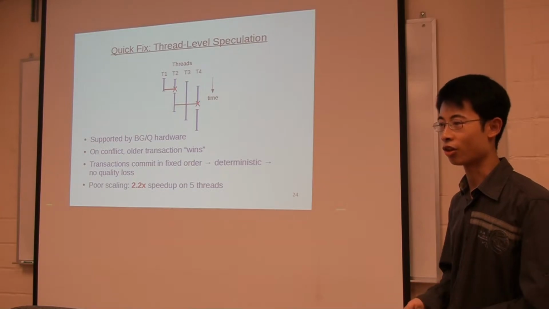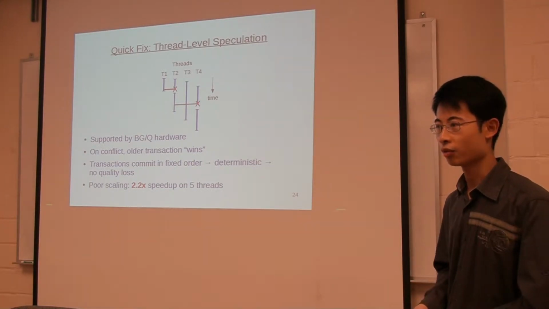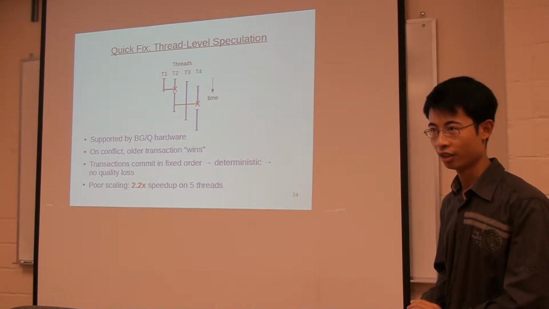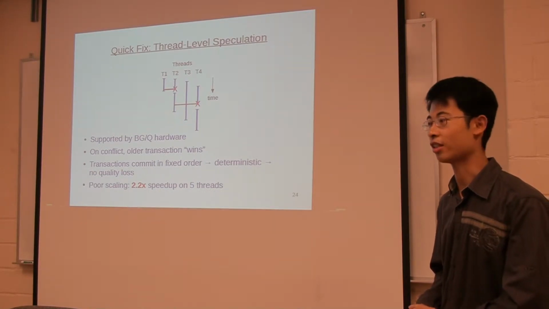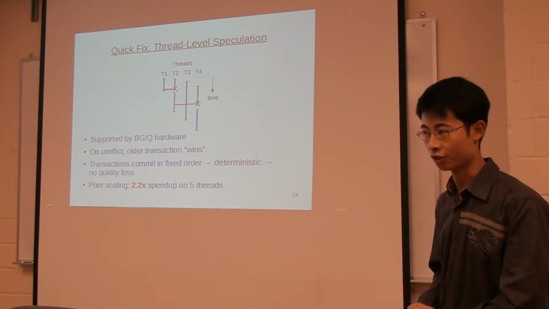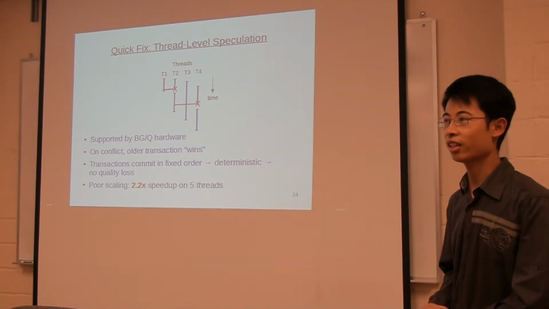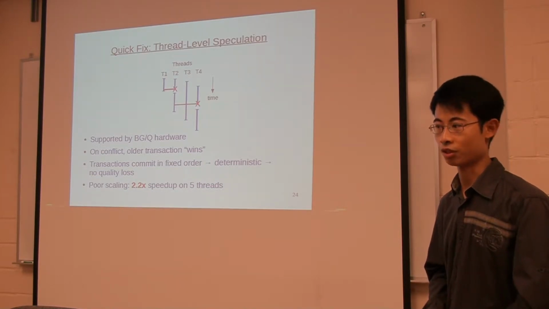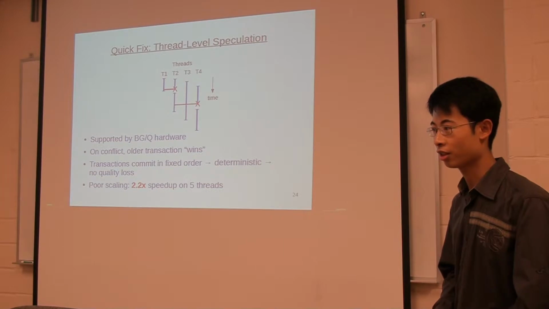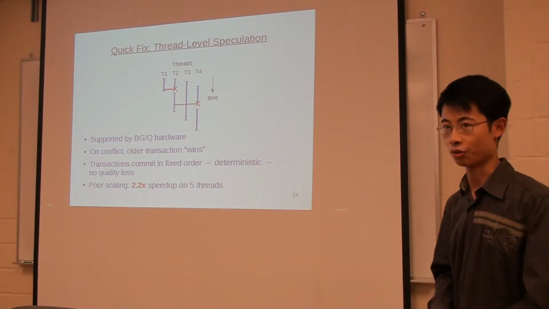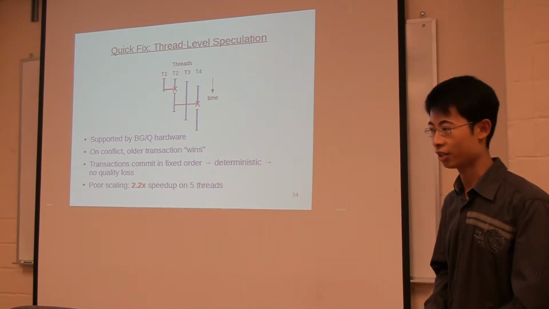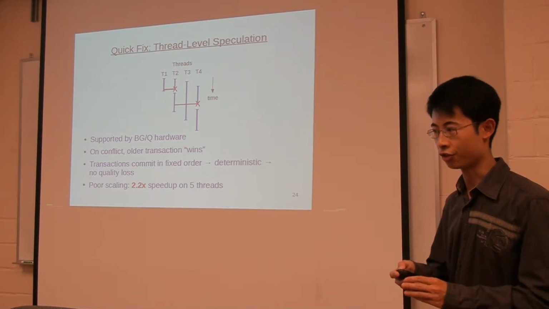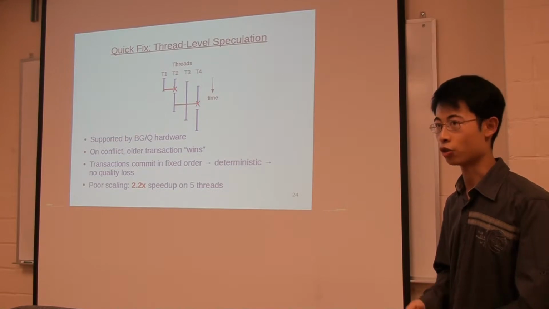In which case, the longer transactions, if they do conflict, will simply take longer to finish, but they still will, unlike what we have previously. And so the quality of placement is maintained using thread-level speculation. But unfortunately, the scaling with this technique is quite limited. The most we could get was a 2.2x speedup on 5 threads. So pursuing this further is not going to give us a highly scalable parallel placer. And we still have to go back to the idea of making transactions similar in duration to try addressing the quality issue.